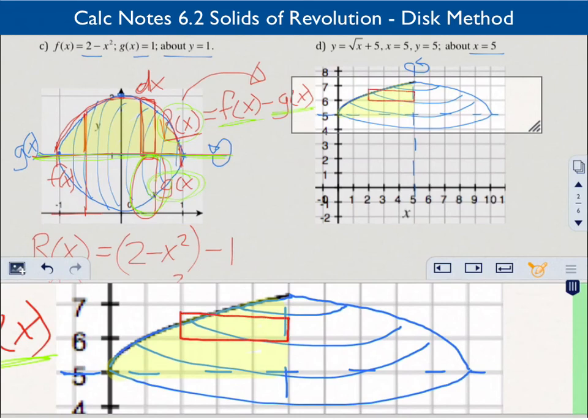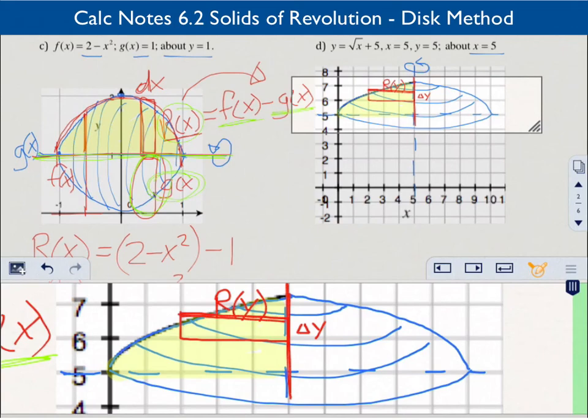Okay, so we can see very easily this is going to be delta y for our width. And now what we need to do is find our radius as a function of y. So r of y. Now in this case, because our axis is off of the y-axis and it's over here, we're going to have to think a little bit differently. How can we get this value right here in terms of y?